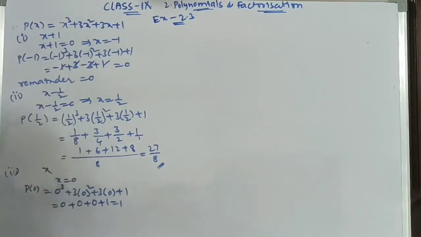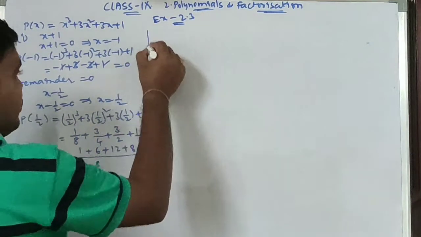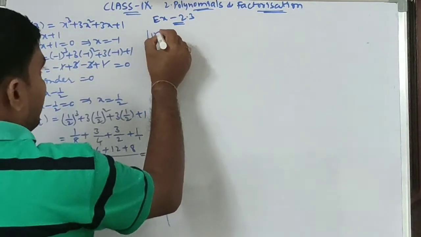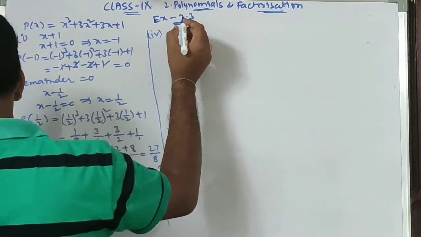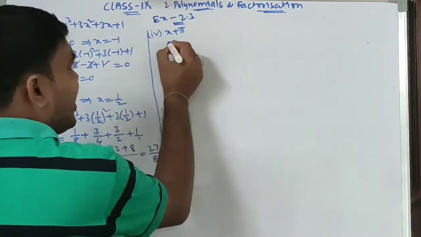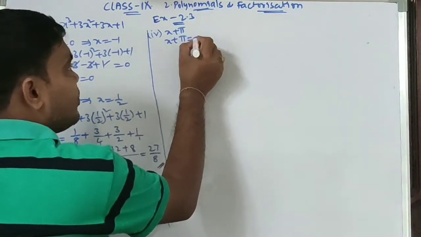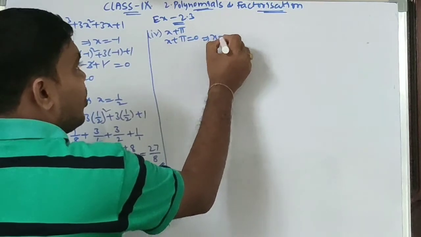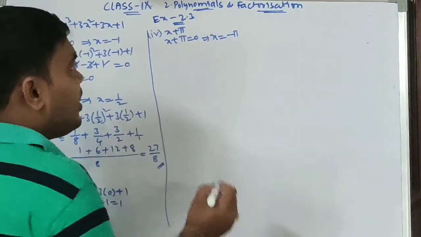Next, fourth: x plus pi. So make x plus pi equal to 0, x equal to minus pi. We need to substitute minus pi.